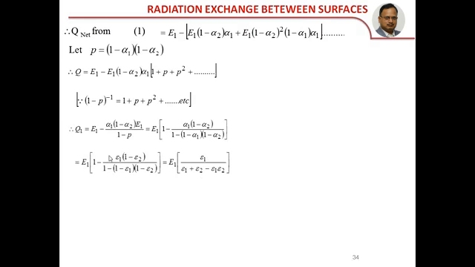So on simplification, you will get Q1 is equal to E1 into epsilon 1 by (epsilon 1 plus epsilon 2 minus epsilon 1 epsilon 2), because the absorptivity is equal to emissivity.